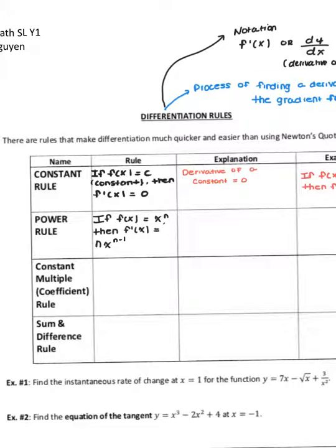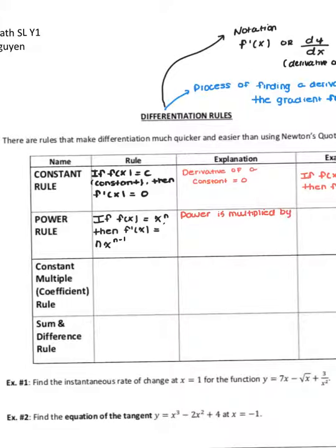So here's the explanation. The power of that function is multiplied by the coefficient.